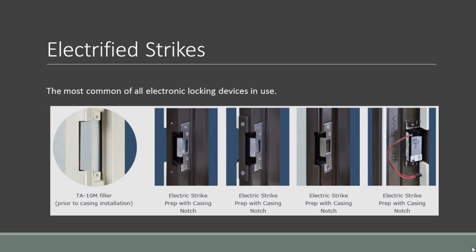As we go across the photos from left to right, the first photo shows what the casing or door jamb would look like if it is prefabricated with the design of an electric door strike to be used.